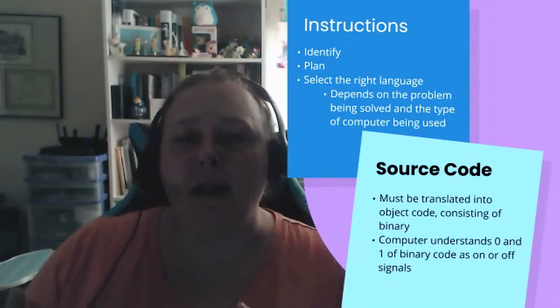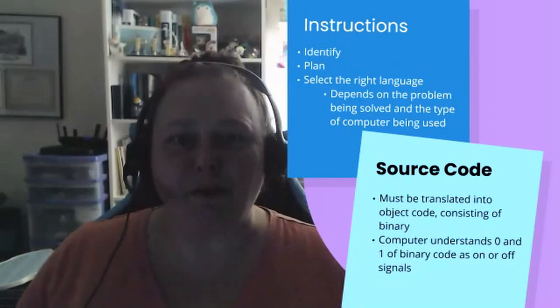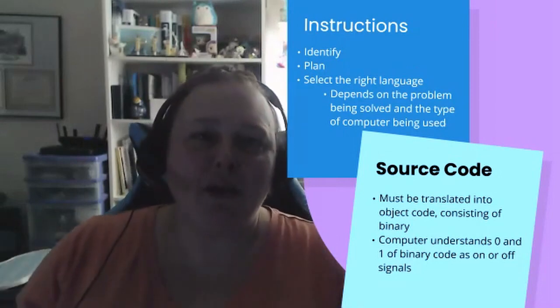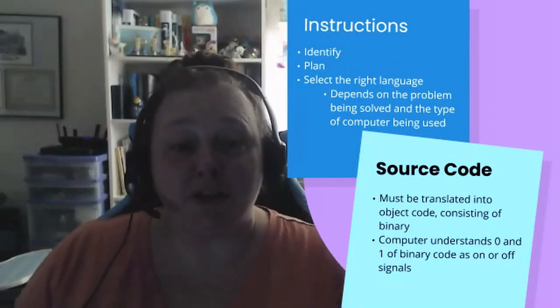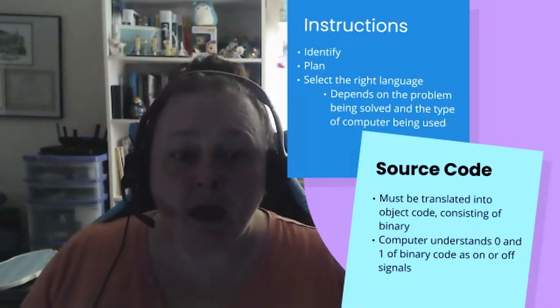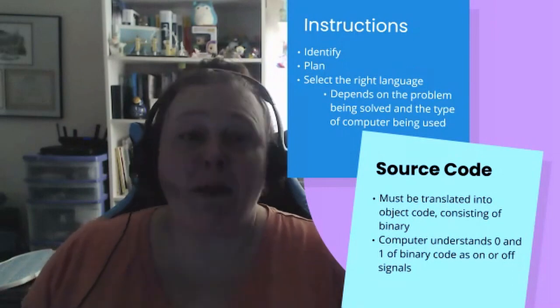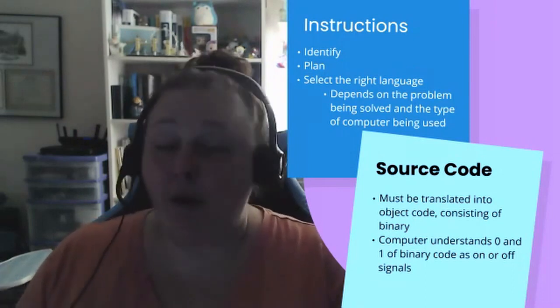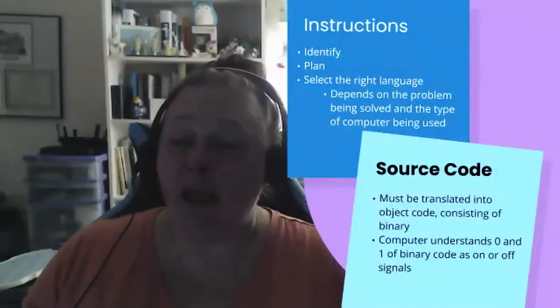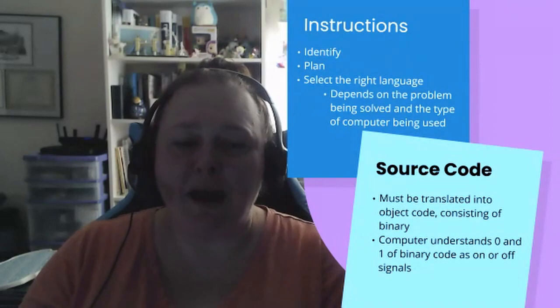This is where you get into the computer science realm, which is where I live. We're the people that write these instructions. These instructions always depend upon the problem being solved and what computer you're using. If you're using a Mac, it might be an app. If you're using a smartphone, it might be an app. If you're using a PC, it might be a whole blown-out program.